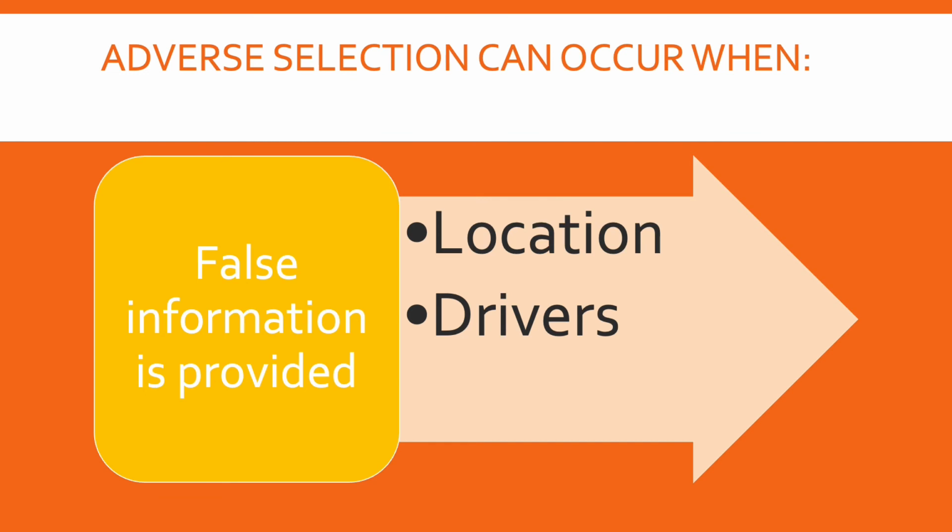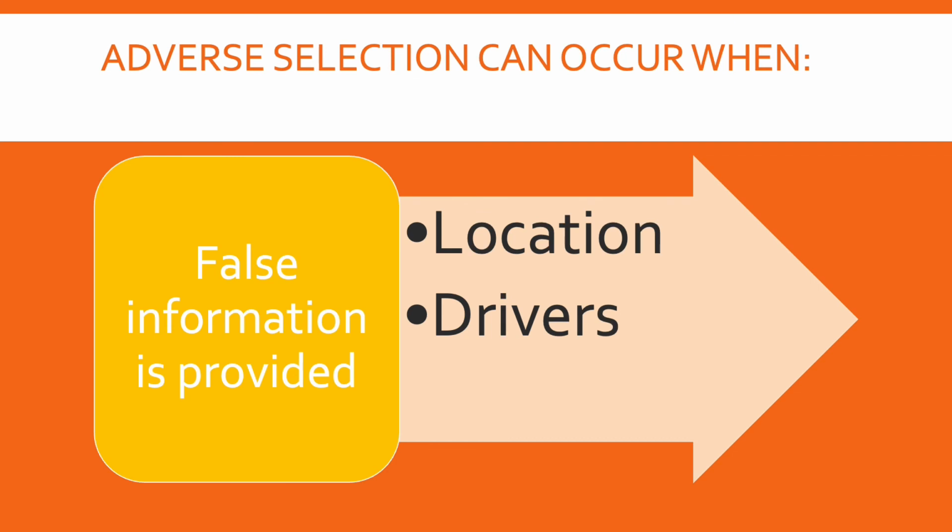For example, if a person uses an address on their application where rates are very low, but actually they live and keep their vehicle garaged at an address where rates tend to be much higher, chances for vandalism and theft are greater. The risk is greater, but the premium they're paying or that the insurance company has collected is not enough. Claims like this can cause inefficiencies in the insurance business.